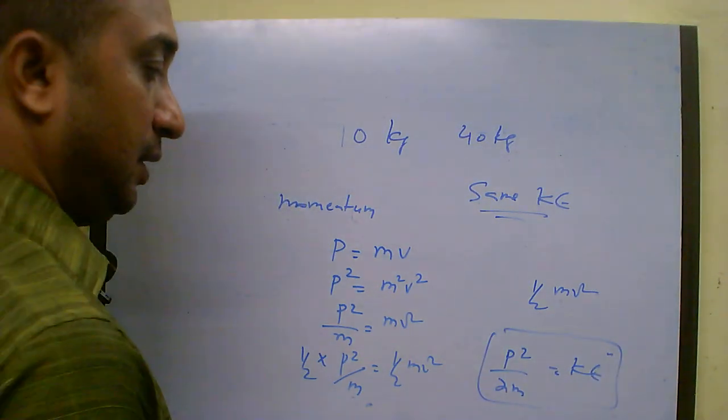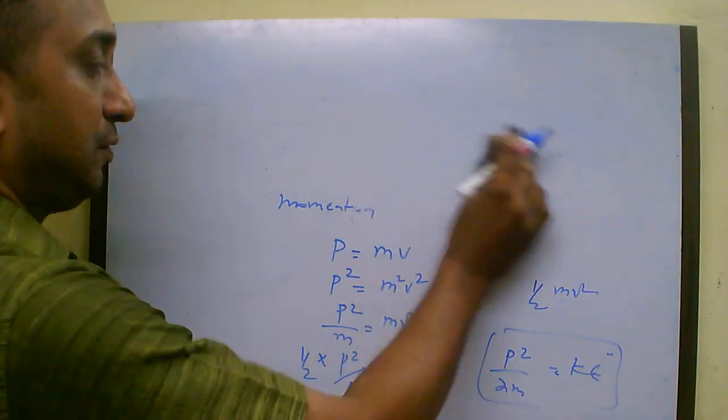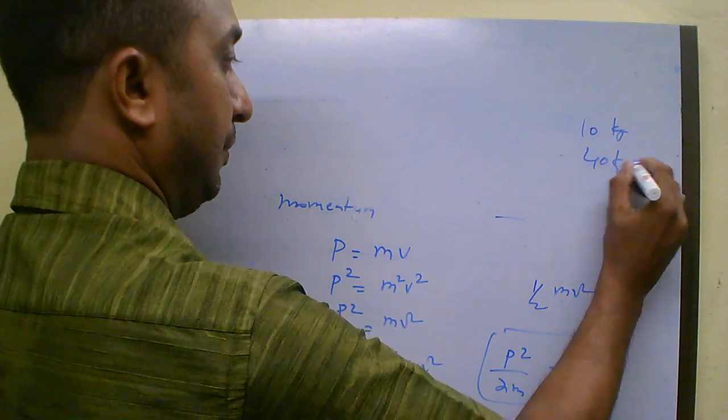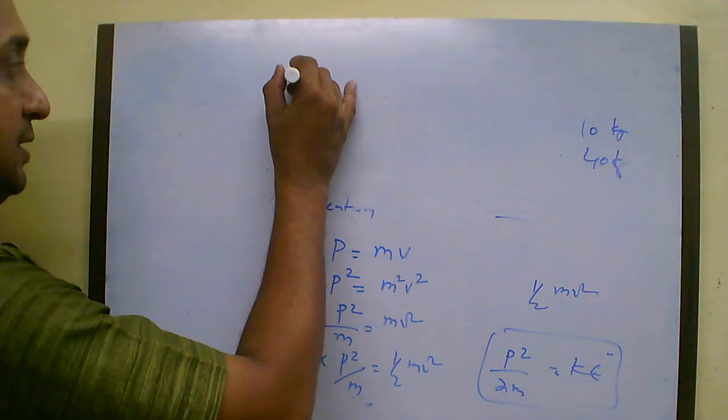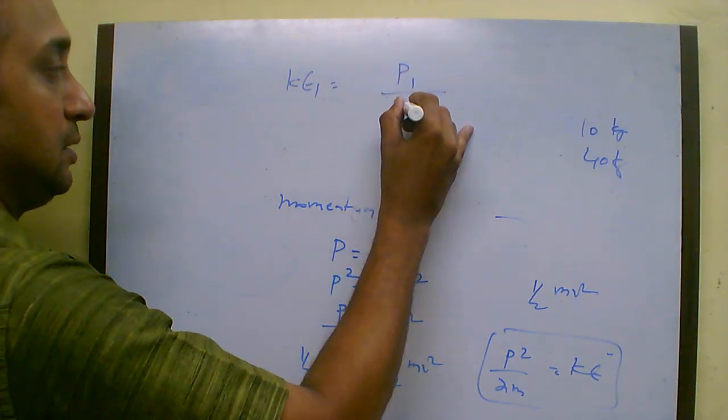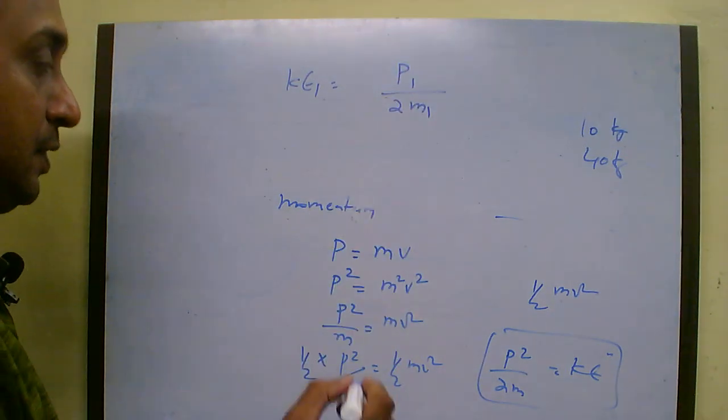Now you have two bodies of mass 10 kilogram and 40 kilograms. So if I write their kinetic energies, the kinetic energy of the first body is the momentum of the first body squared by 2 times the mass of the first body.